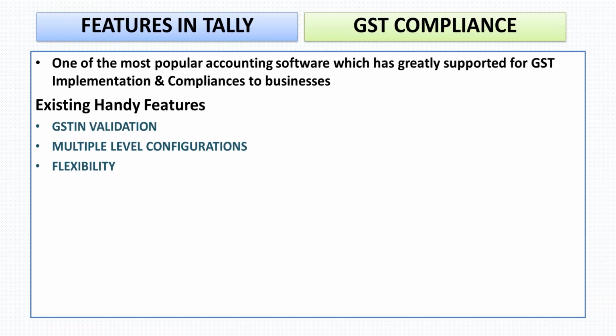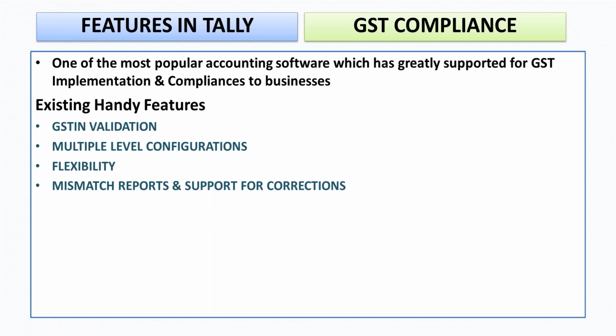Various legal and statutory requirements have been incorporated in Tally as far as the configuration and generation of return-ready reports are concerned. Some of the handy features which Tally has is GSTIN validation, based on the 15-digit GSTIN, which has the state code, the next 10 digits being the PAN, and the last 3 digits being the control numbers.